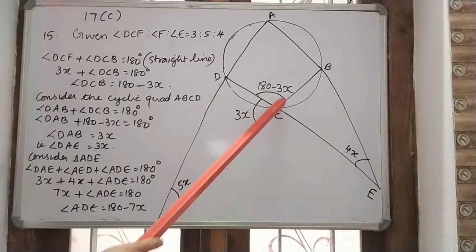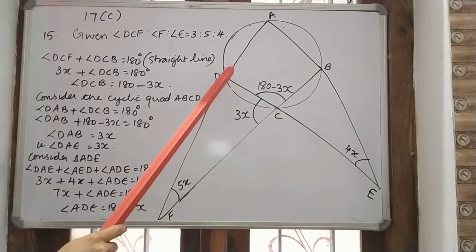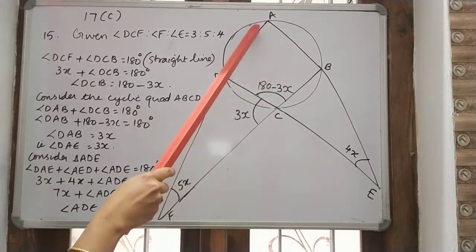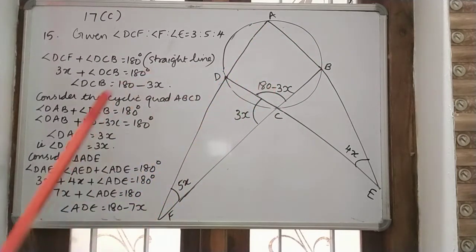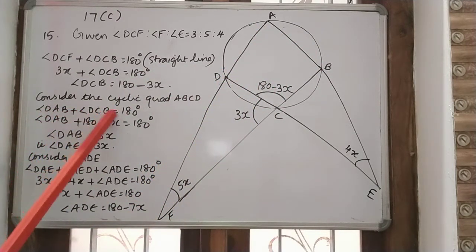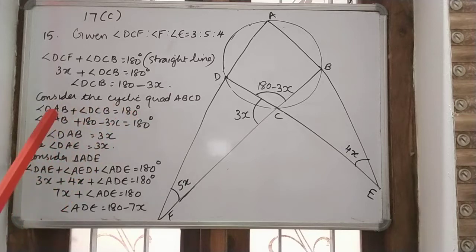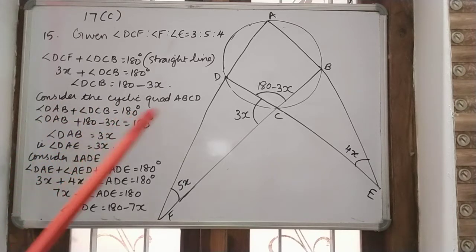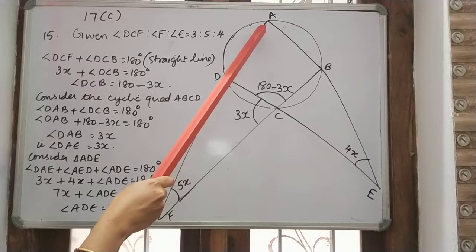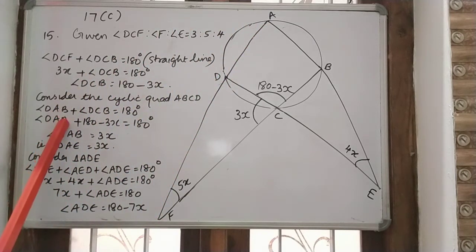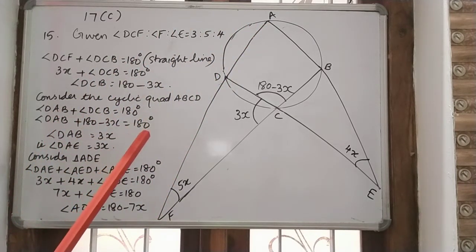Angle DCB plus angle DAB, this total will be 180 degrees. We have 180 minus 3x as DCB. So what about DAB? DAB will be 180 minus of 180 minus 3x.